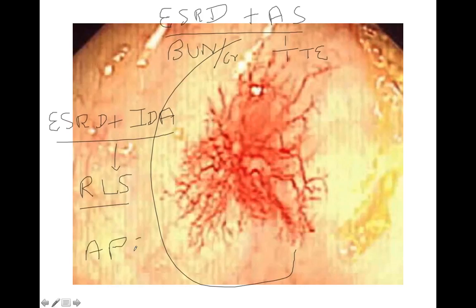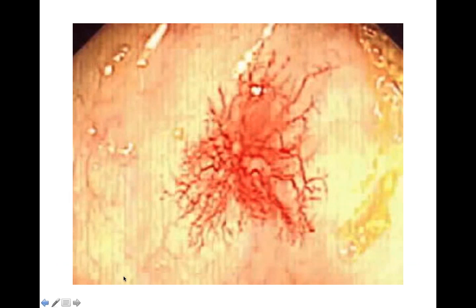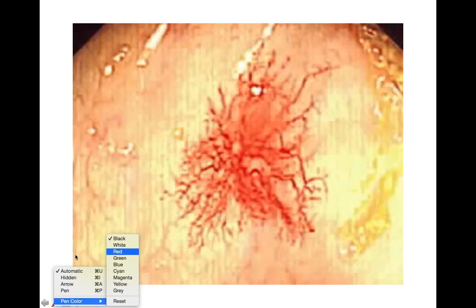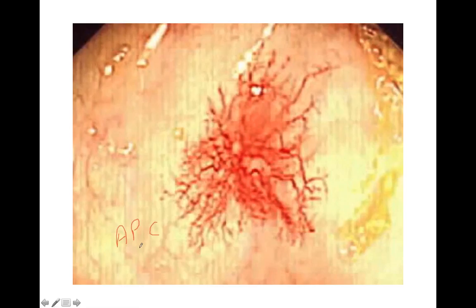Bleeding is because of the injured vessel, so argon plasma coagulation will stop the bleeding, and we can also go for cryotherapy, or even give the patient epinephrine. Okay, this is the treatment. Clear?